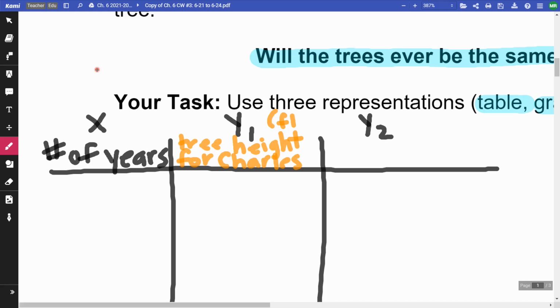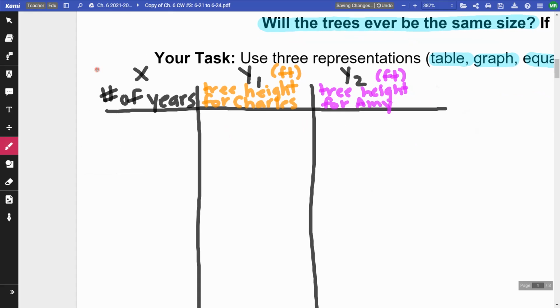My other one is going to be the tree height for Amy, and again, this is also in feet.